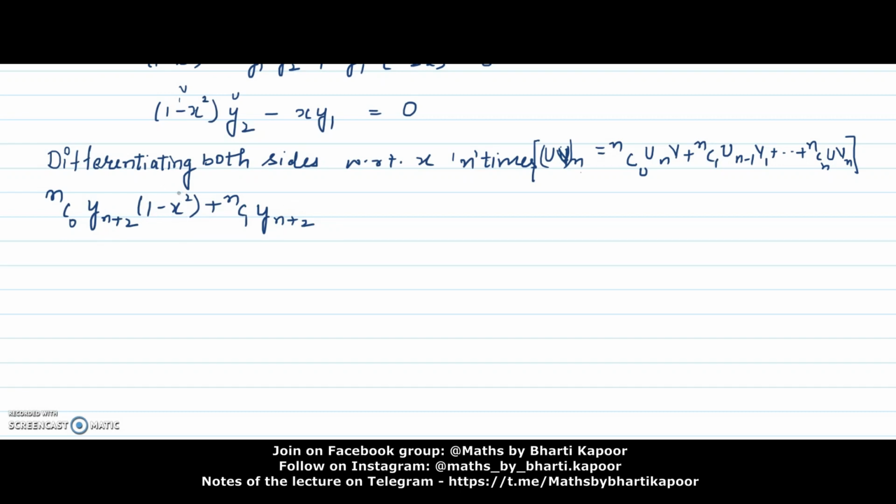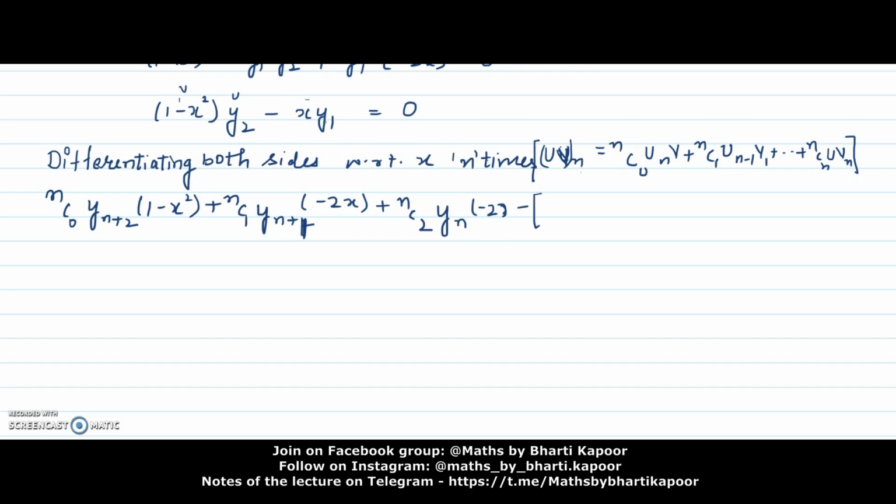So derivative of this term will be minus 2x, plus nC2. Here it will be yn plus 1 because this derivative goes down by 1. So in the next term it will be yn. Again derivative of minus 2x will be minus 2. And in the next term it will be nC3 y(n-1) and derivative of this will be 0. So I skip writing the next terms because they are 0 only.